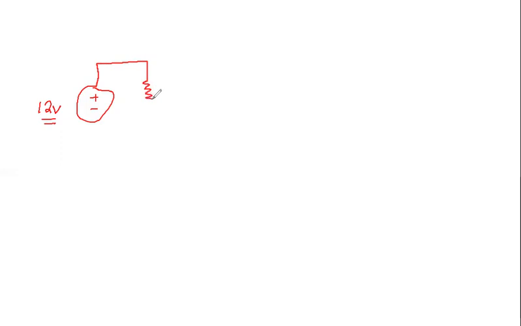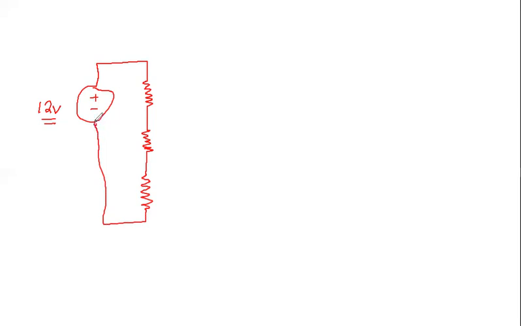So we have a resistor network. We have one resistor, two resistors, and three resistors. And then we always return back to ground. Always.